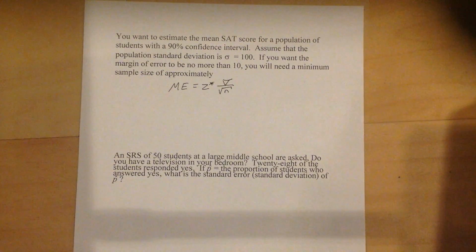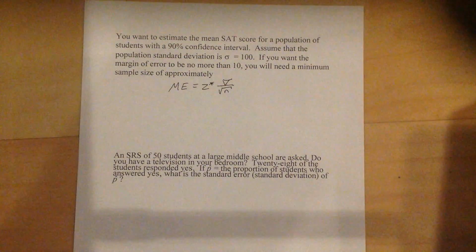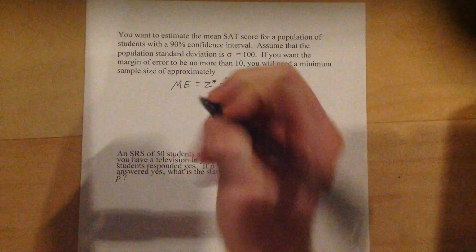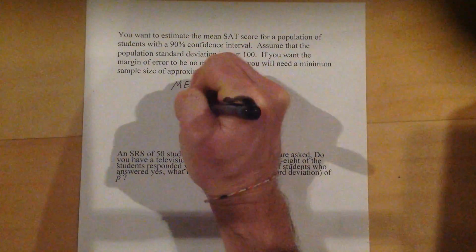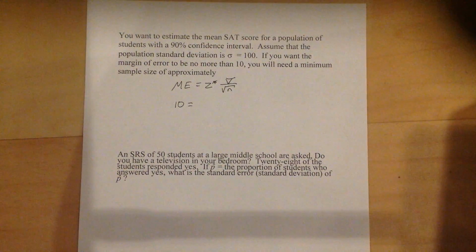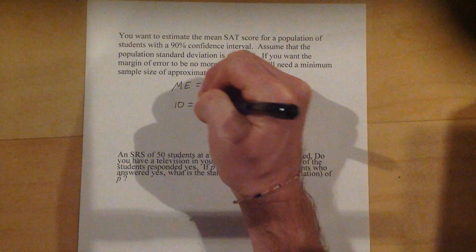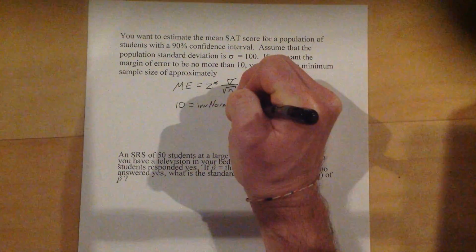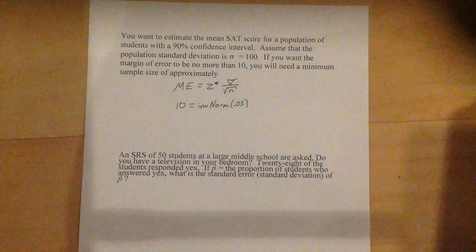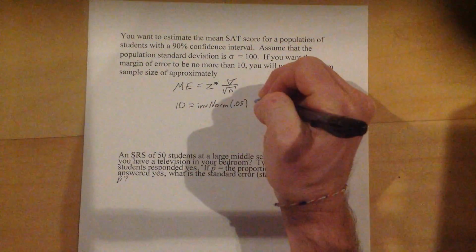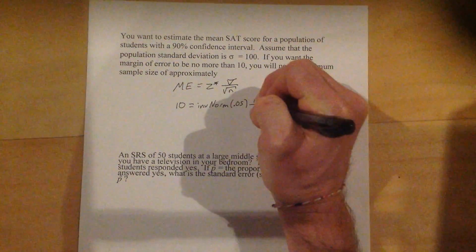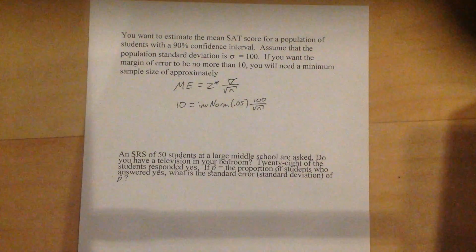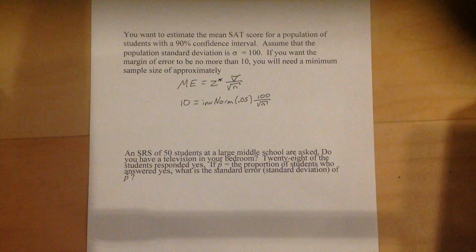All right, so the margin of error, the problem tells us it wants it to be no more than 10. So we're going to plug that in here. All right, Z star is where we use inverse norm. So that's going to be inverse norm of 0.05. Standard deviation, the problem told us was 100. And then we're solving for the square root of n.